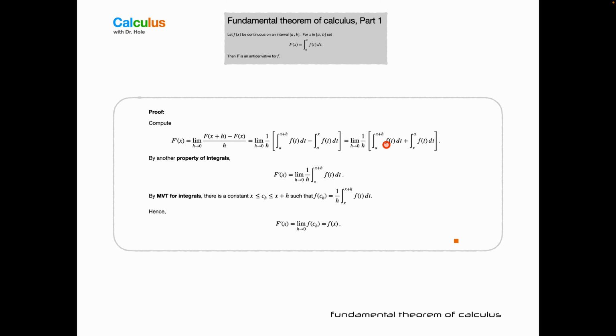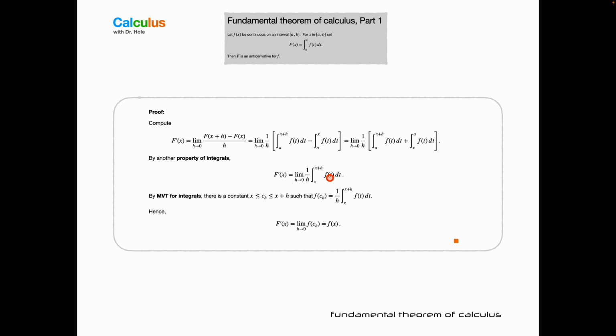If we combine the two integrals, since the lower bound on the first integral matches with the upper bound on the second integral, then we'll get a single integral with lower bound x and upper bound x plus h. So that's produced here. Now, if we concentrate on this quantity we're taking a limit of, we see that 1 over h is the same thing as 1 over the upper bound minus the lower bound.